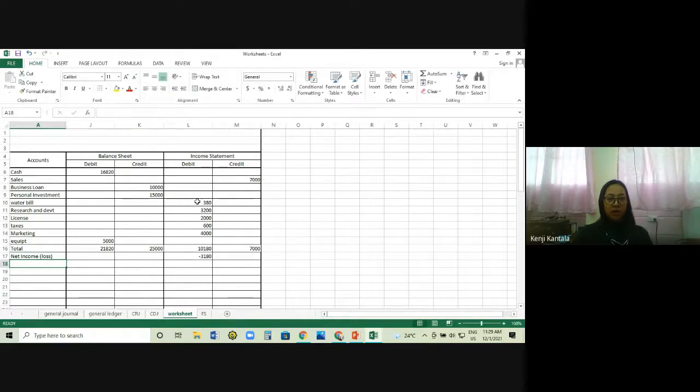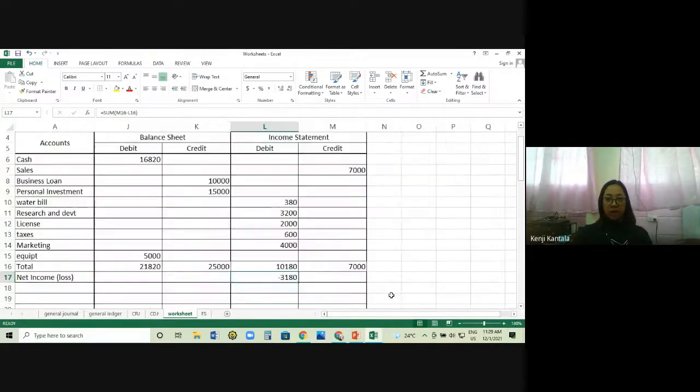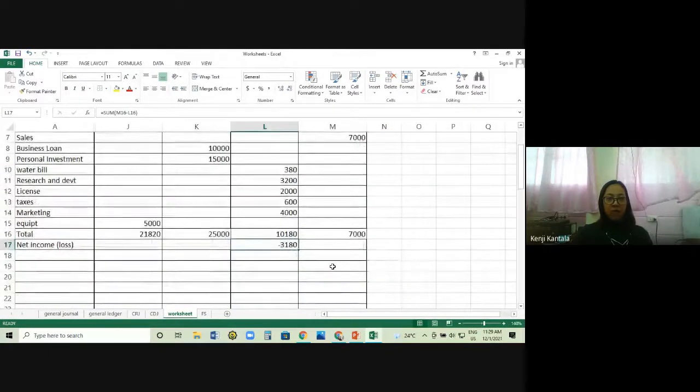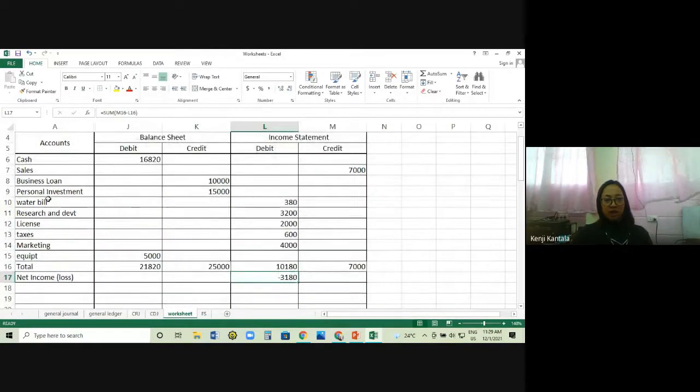Bakit tayo nagkaroon ng loss? It is because it is still the part of our beginning pa lang ng operations natin. So kung mapapansin nyo, andyan pa yung mga inabsorb pa natin yung mga expenses natin as to our research and development, pati yung sa mga taxes and licenses natin.